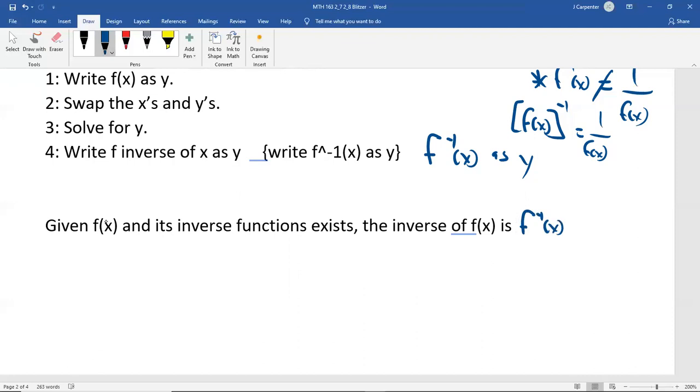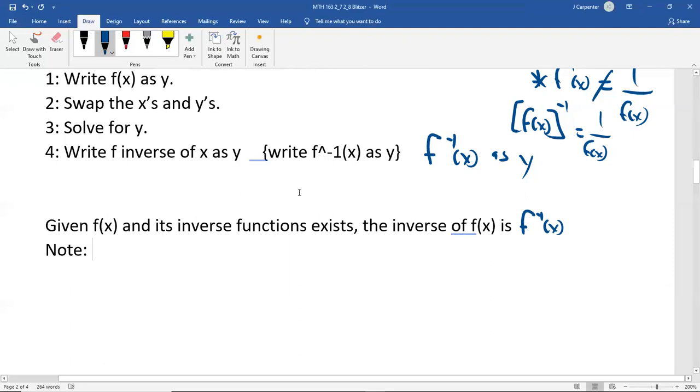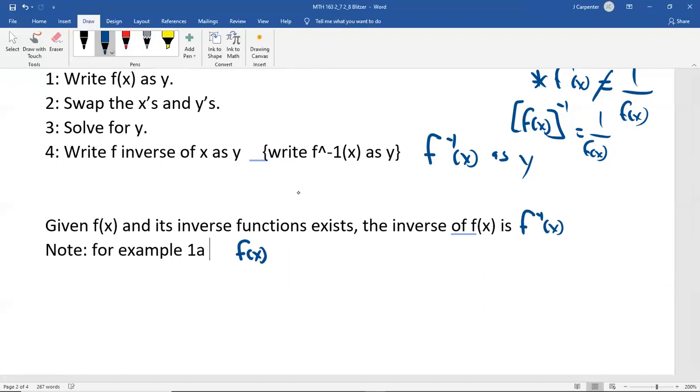That's read as f inverse of x. Note, for example, 1a, because they were inverses of each other, you could say that f of x was the inverse of g of x, or you could have said that g of x was the inverse of f of x.